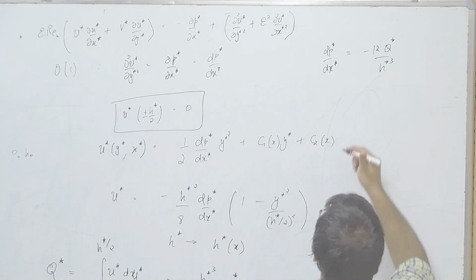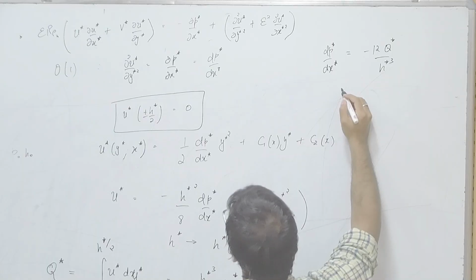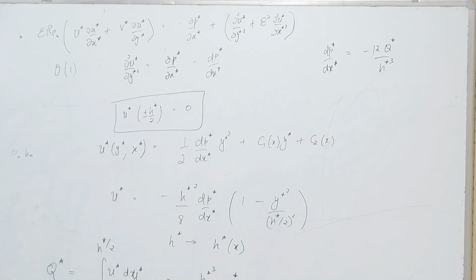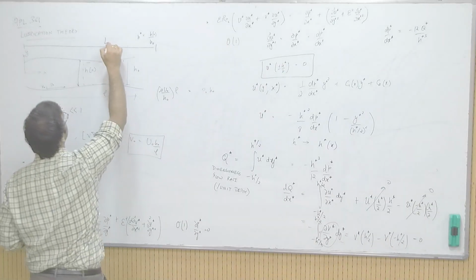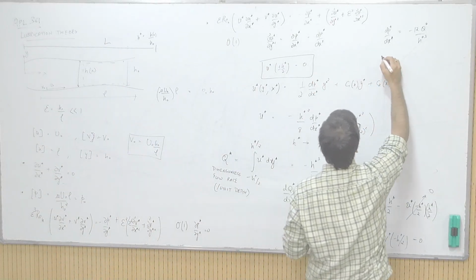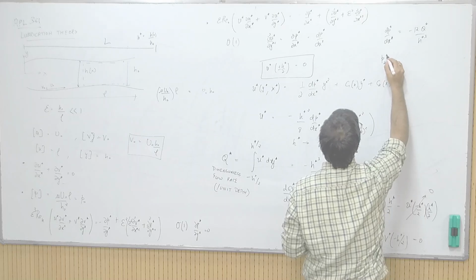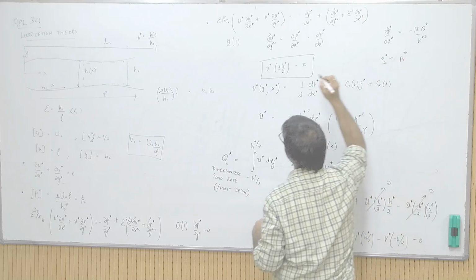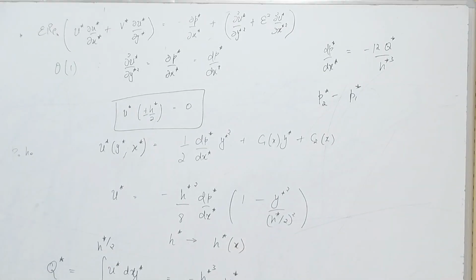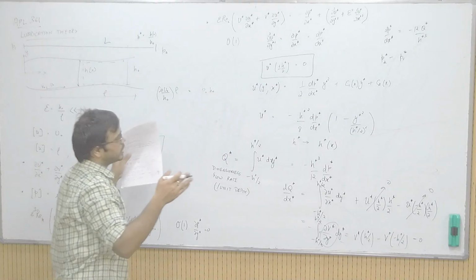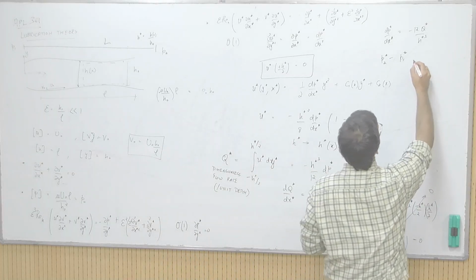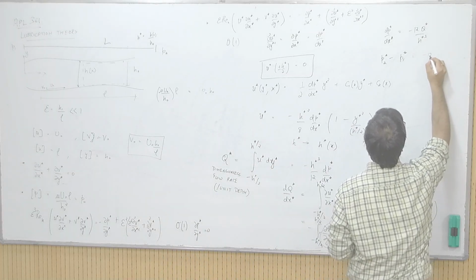Okay. And this relation also gives you, for example, if you have a channel of length capital L, if you integrate this out, you can get P2 star minus P1 star. So, you can get what is the pressure differential you need to maintain to have some flow rate.